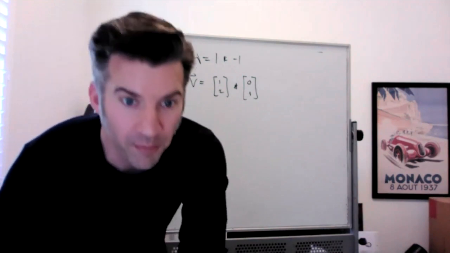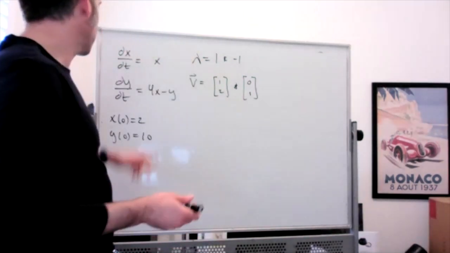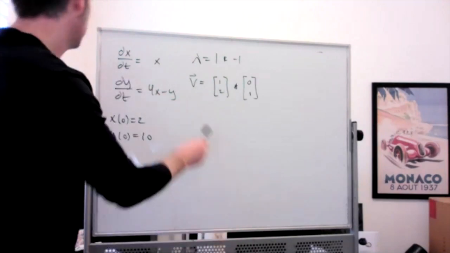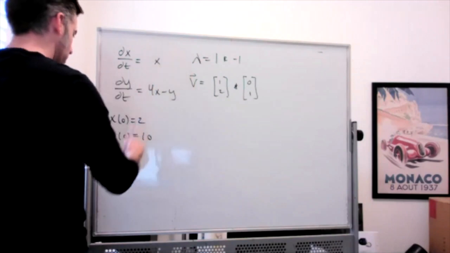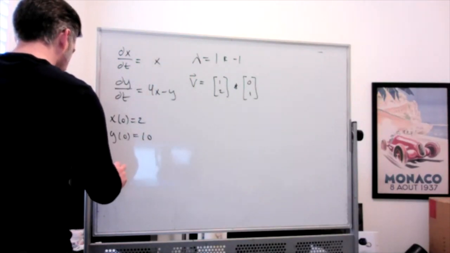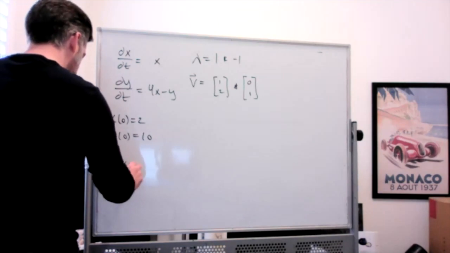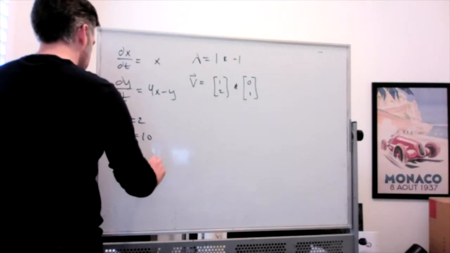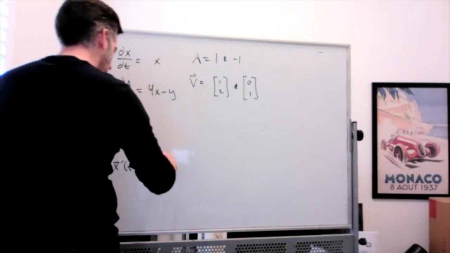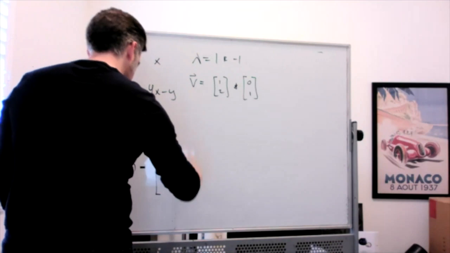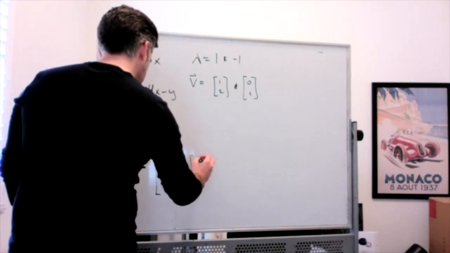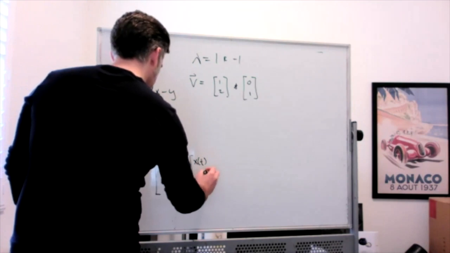Anyway, just to point a few things out, to clarify what's going on with your homework, when you're writing the system of equations, we're really writing the vector x prime of t is equal to the matrix [1, 0; 4, -1] times the vector x of t, y of t.